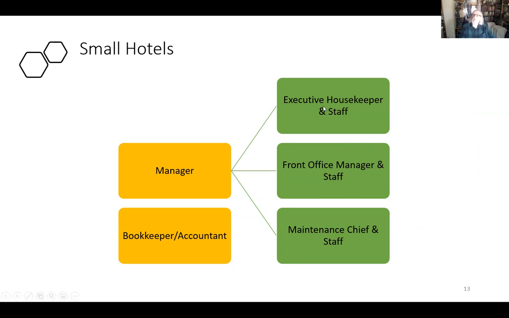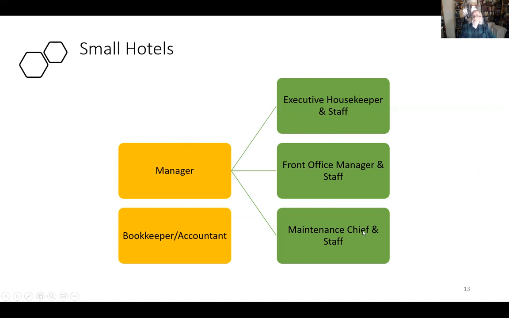So this will be like one department. That manager of the hotel will quite often have a front office manager and a certain amount of staff to help them, just like the executive housekeeper is the first line manager and has staff, operational employees working for them. Same thing here, first line manager, operational employees.